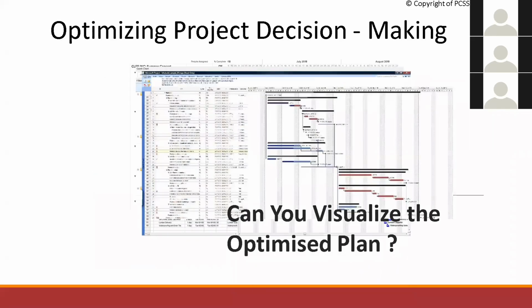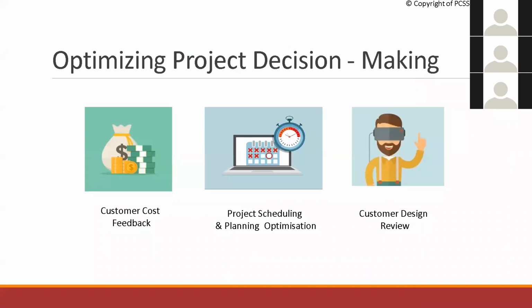With a schedule like this, can you visualize the optimized plan? No, right? So let's say you got a project from a client. With the traditional method of planning, you produce the schedule.